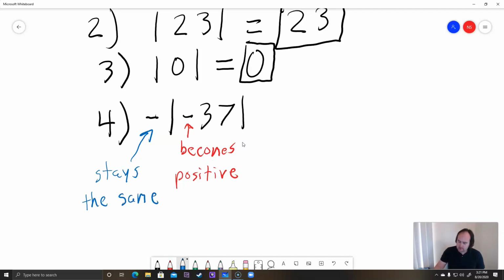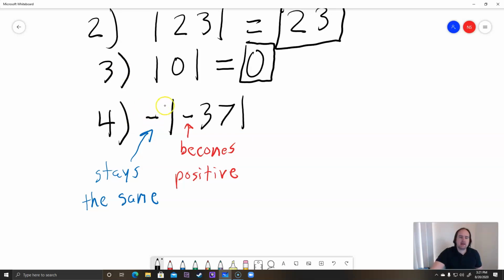And the reason it works this way is that the absolute value only makes the inside positive. It doesn't affect anything on the outside. So because this minus is on the outside, it does not change to become positive.